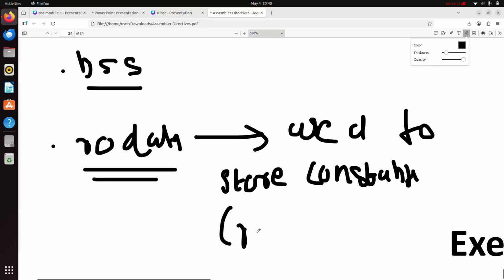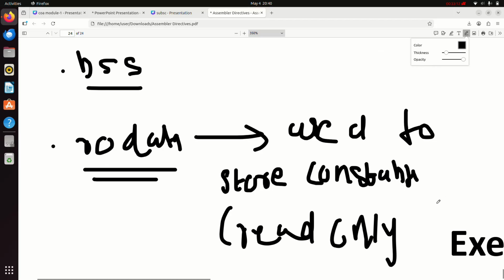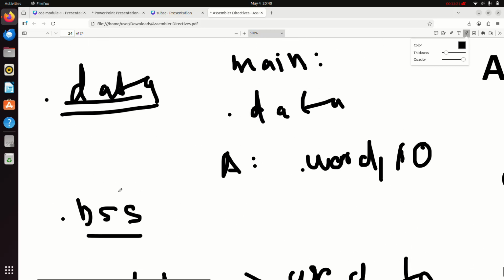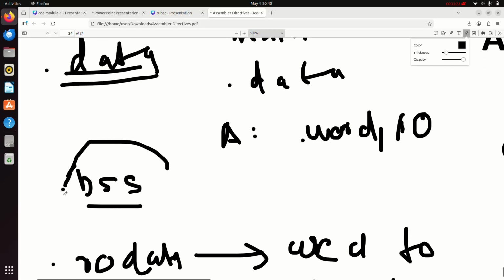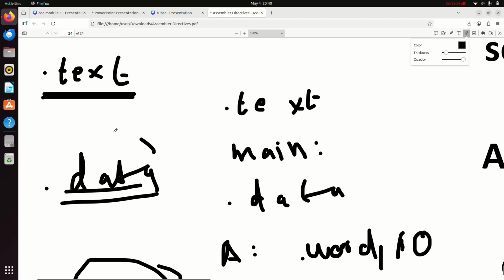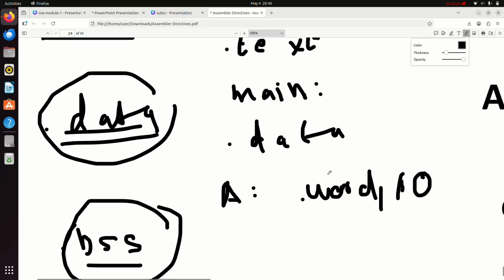That means read only data. .rodata is like read only, RO, read only data, used to store the constants. .bss is uninitialized global variables. .data is initialized global variables. A, then you have double colon, then .word 10. This is only one example we are talking about here.